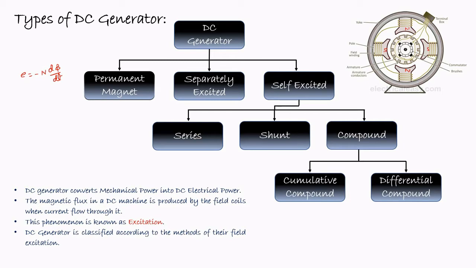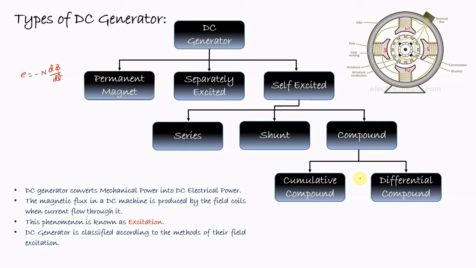We have already discussed that there will be two field windings in a compound generator, one in series and another in parallel. When the net magnetic field is the summation of the magnetic fields produced by the individual coils, it is considered a cumulative compound. And when one magnetic field opposes the other, it is considered a differential compound.